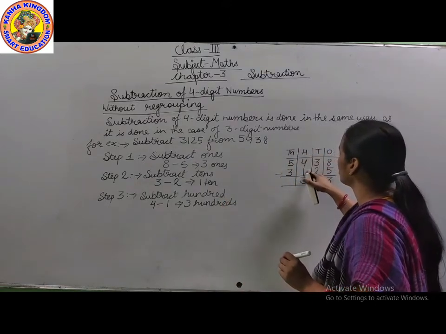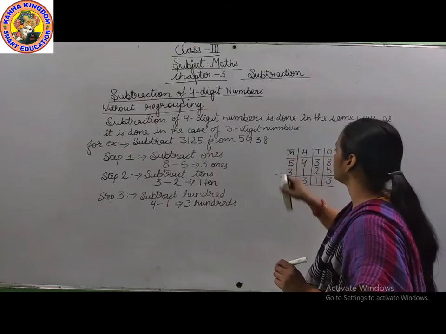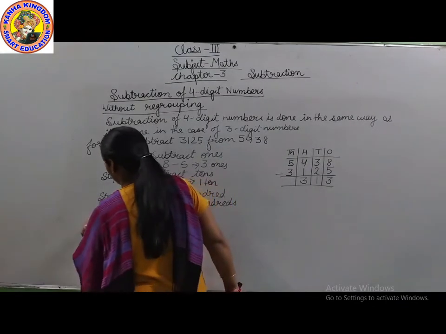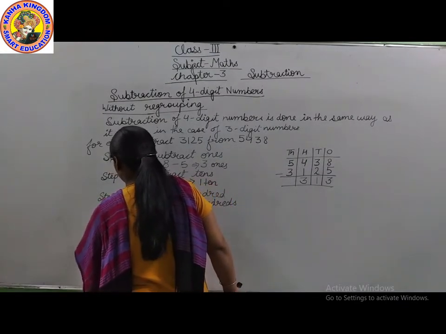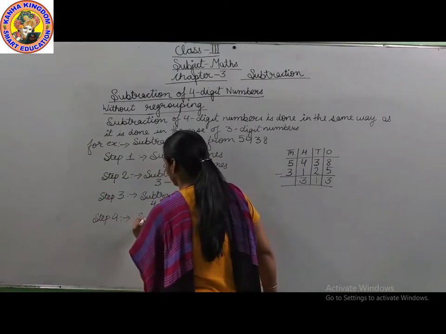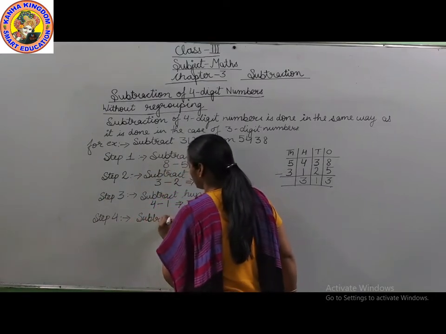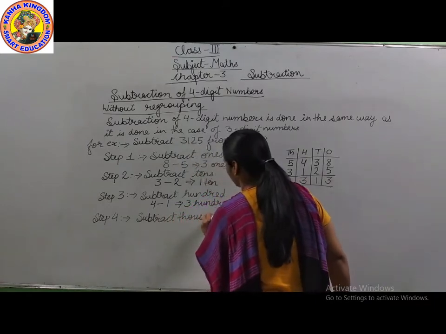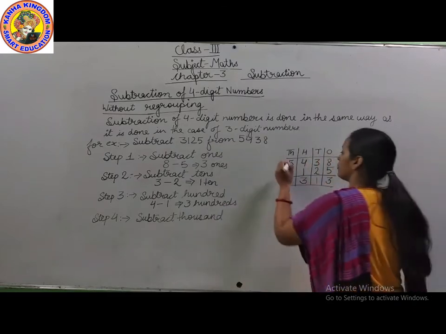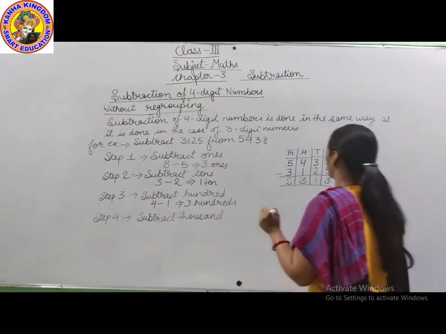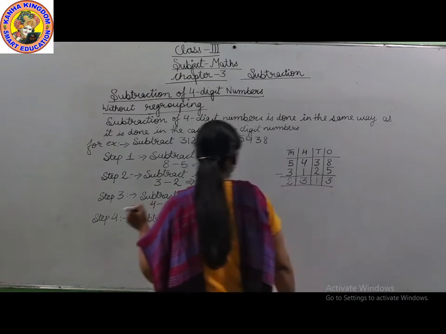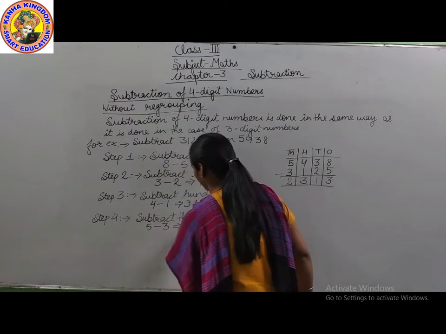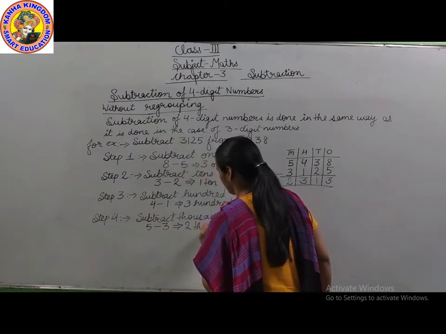So after hundreds, 5 minus 3 is step number 4. Step number 4, subtract the number at the thousands place. Subtract thousands means 5 minus 3, 2. 5 minus 3 equals 2000.